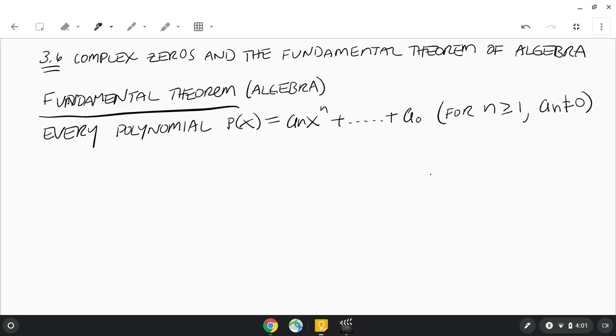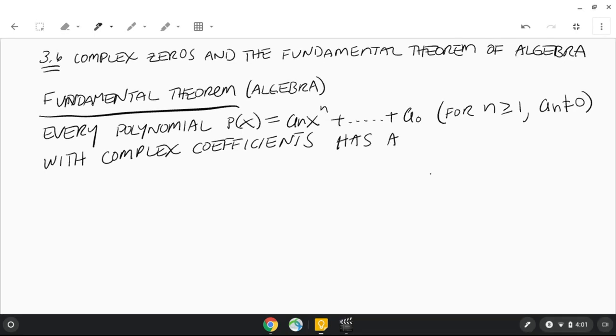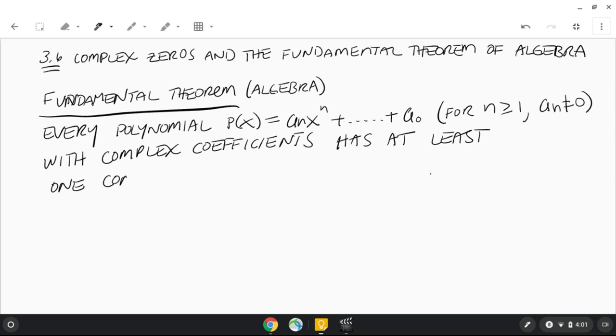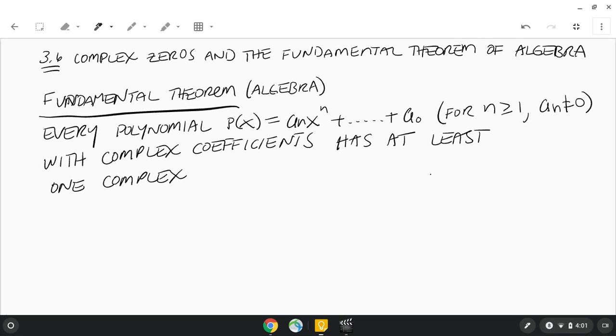Okay, just some details here. So every polynomial p of x with complex coefficients has at least one complex zero.